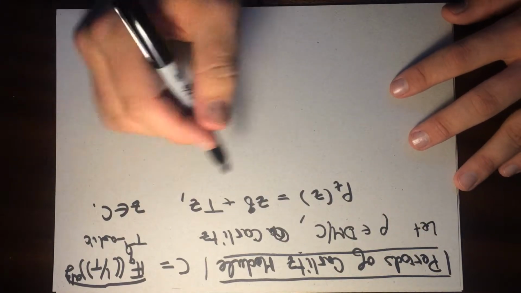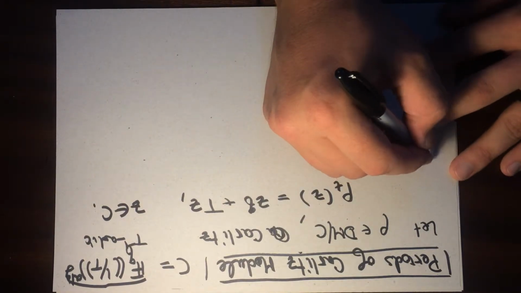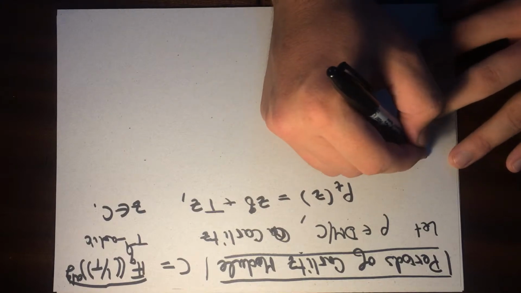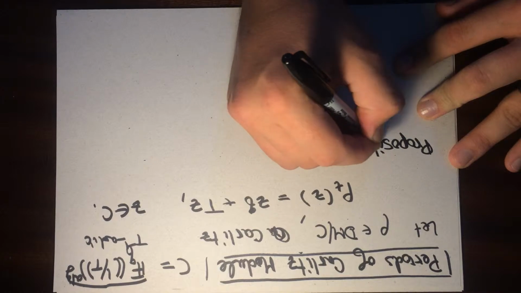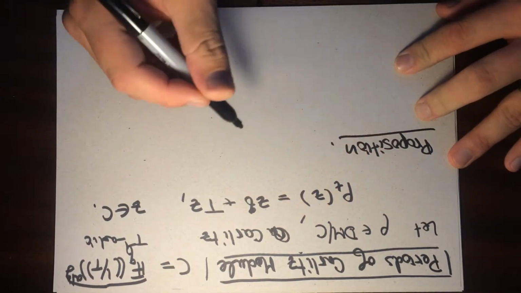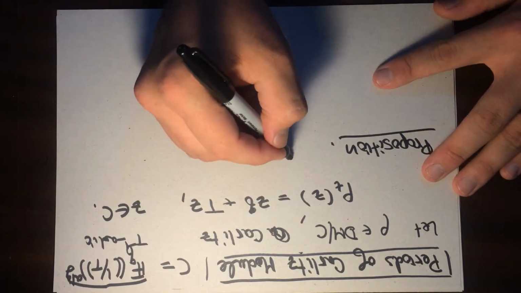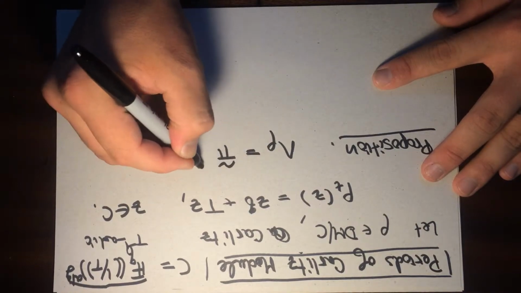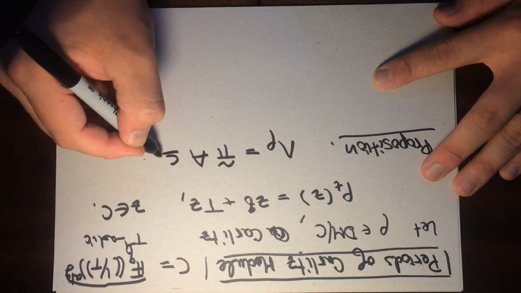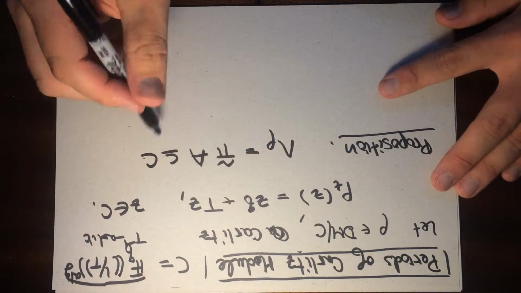And then the claim, or lemma, I don't know, we should call this a proposition, is that the lattice of periods is going to be generated by pi tilde, a subset of C. We said that we already proved that they were an A module.